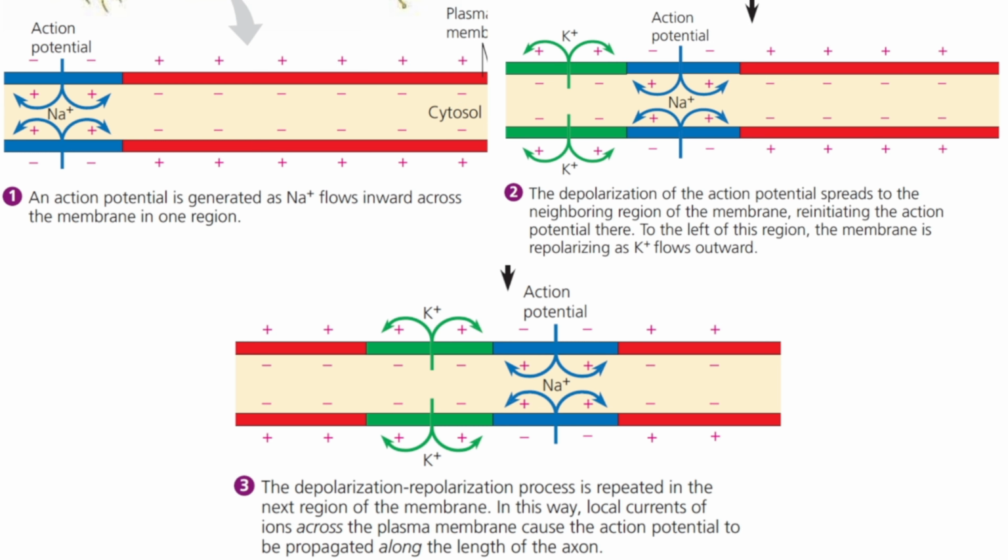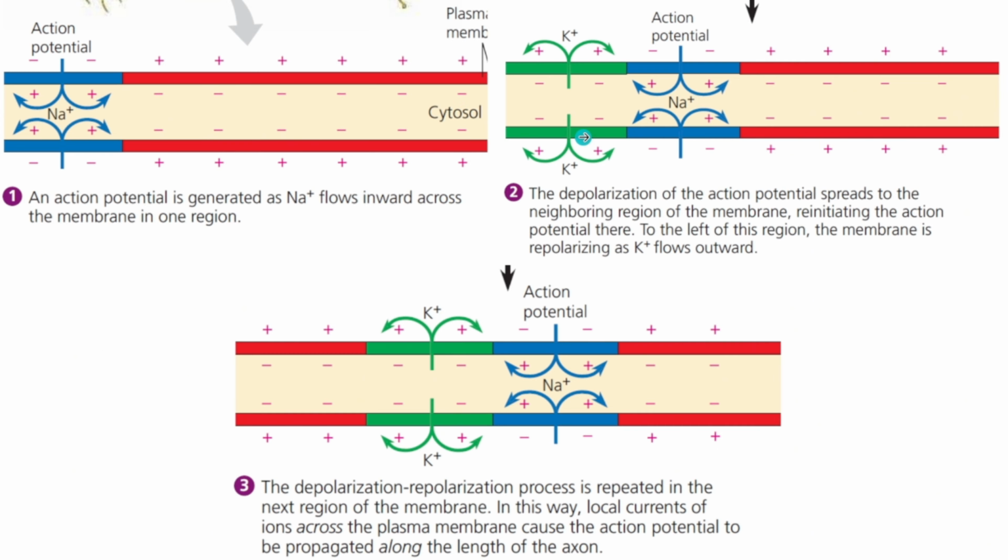Okay. So this electrical current will cause the depolarization of the neighboring part of the axon membrane, and the action potential there is initiated by the depolarization of the beginning region of the action potential.